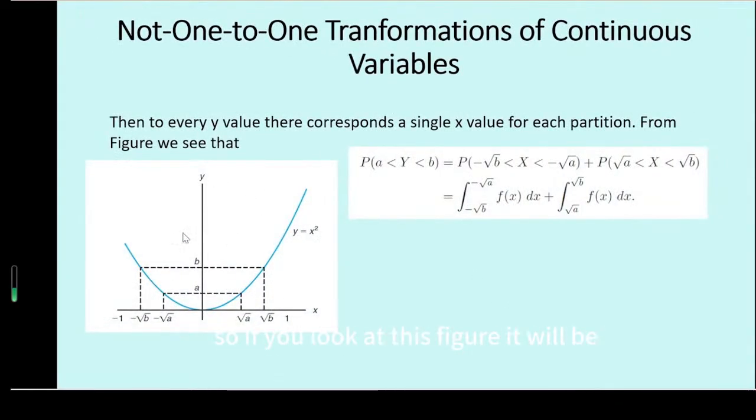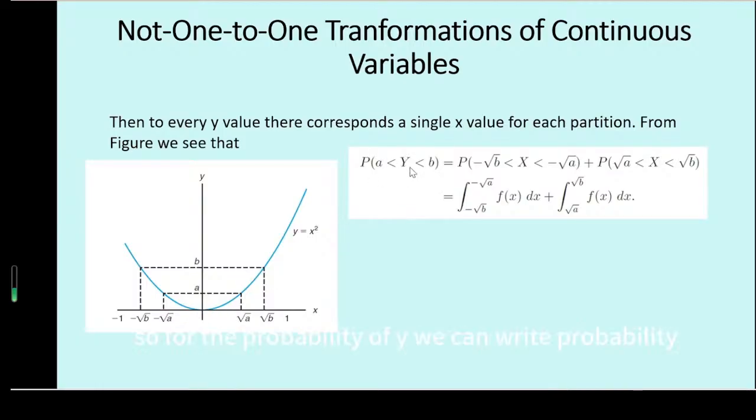If we look at this figure, it will be more clear. This is y equals x squared, where x ranges from -1 to, for example, 4. So for -1 to 1, this area, there are two inverse functions of x in terms of y, right?